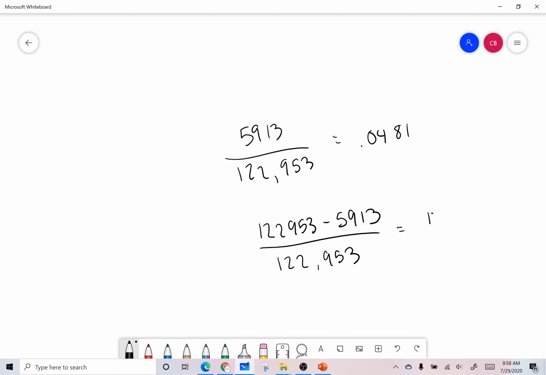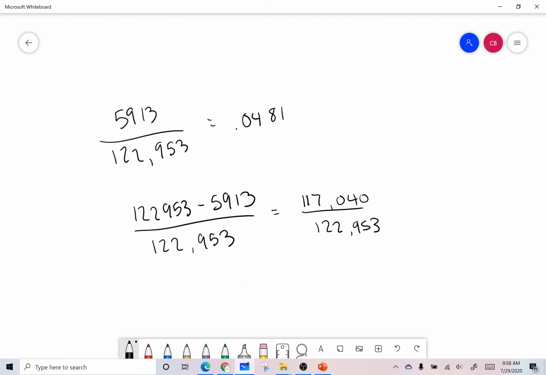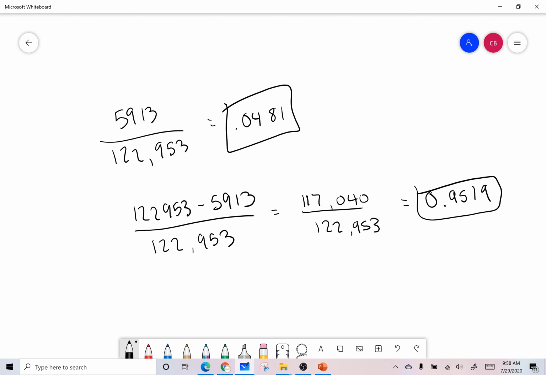This is 117,040, which if I do 1 minus 0.0481 gives us 0.9519. That should be the answer for that one.